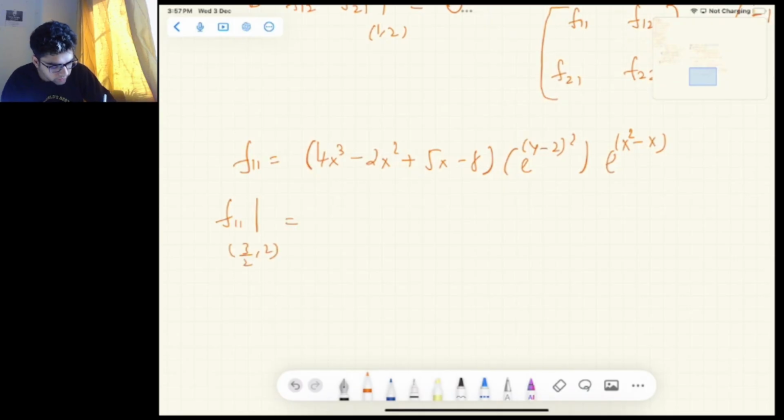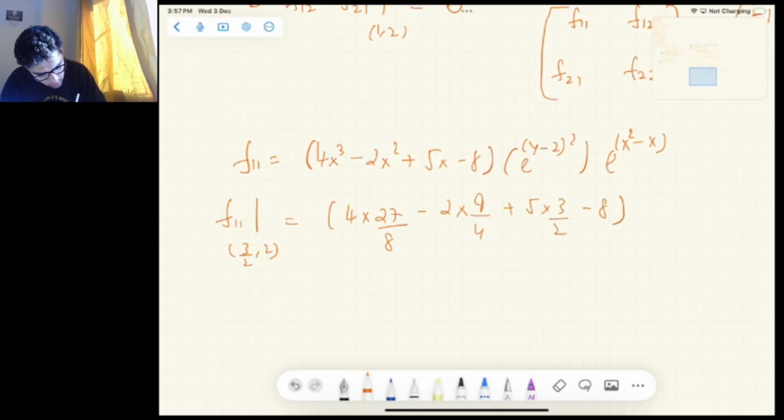After substituting 3 by 2, I get 4 into 27 by 8 minus 2 into 9 by 4 plus 5 into 3 by 2 minus 8, and this becomes e to the power 0. Again this becomes 9 by 4 minus 3 by 2.